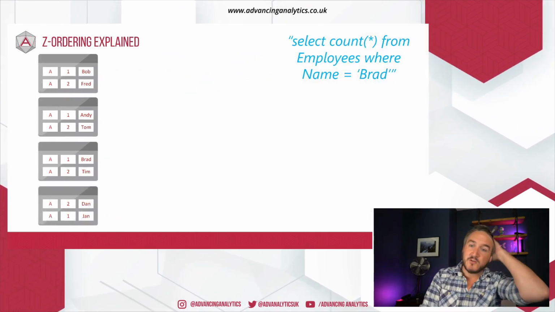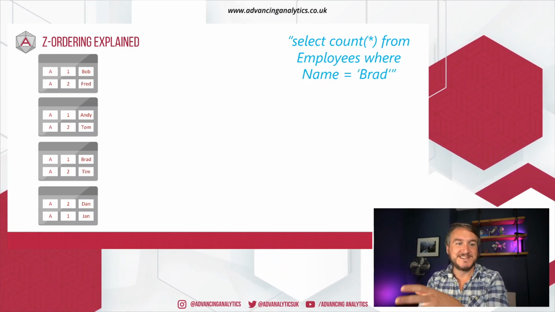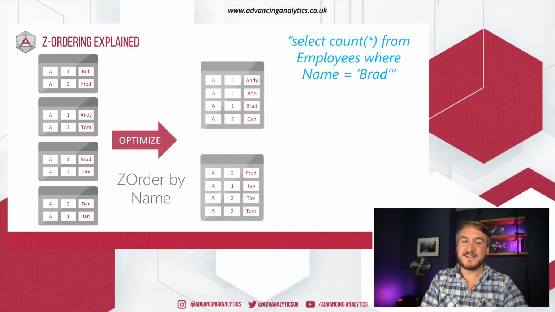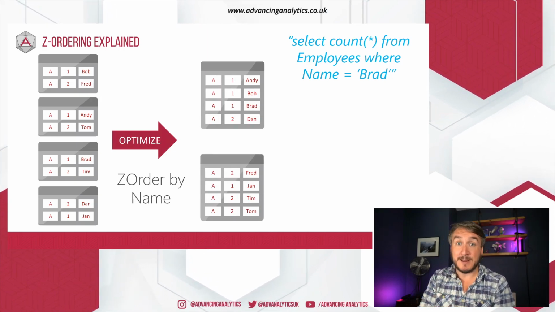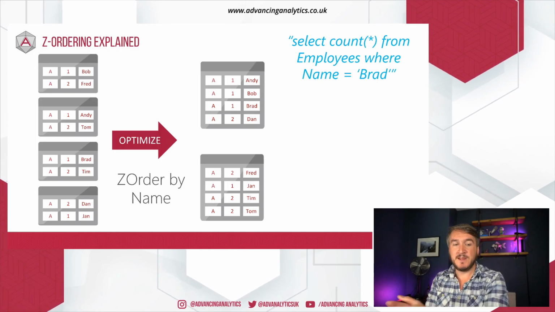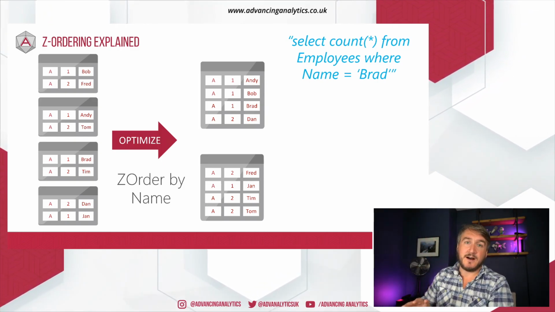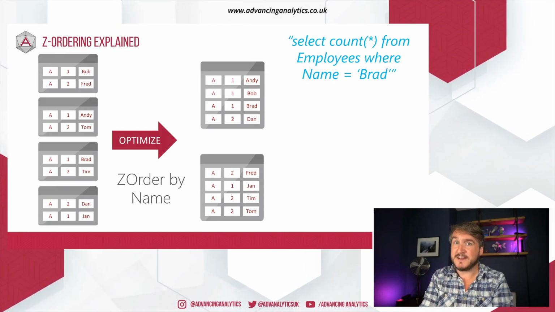So if we put Z ordering on, so we said, take this and Z order it by the employee name, and again, I need to do that at the same time I'm running an optimize command, then it's going to combine some of these files. So I'm going to have bin compaction, and I end up with 2 files in this case.